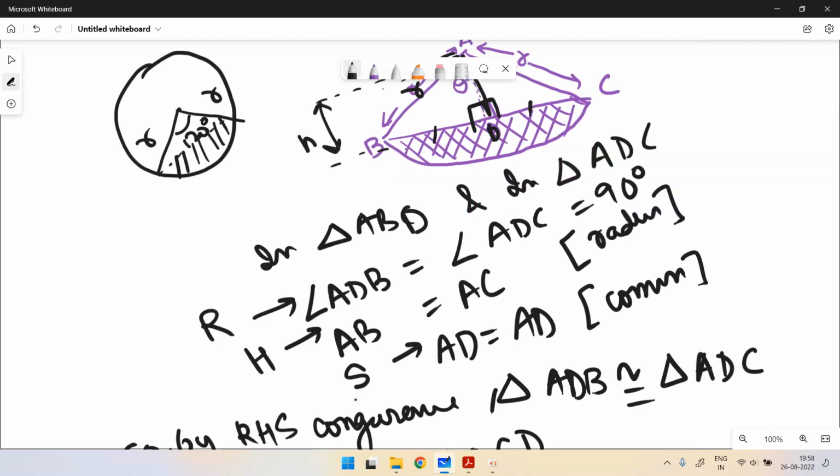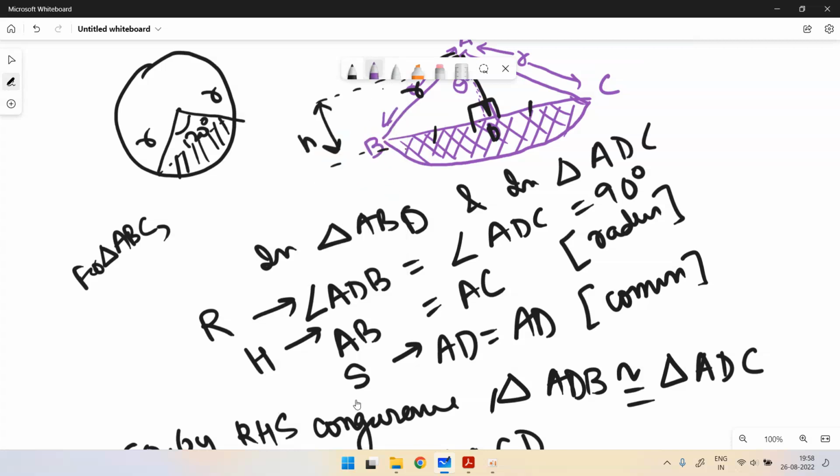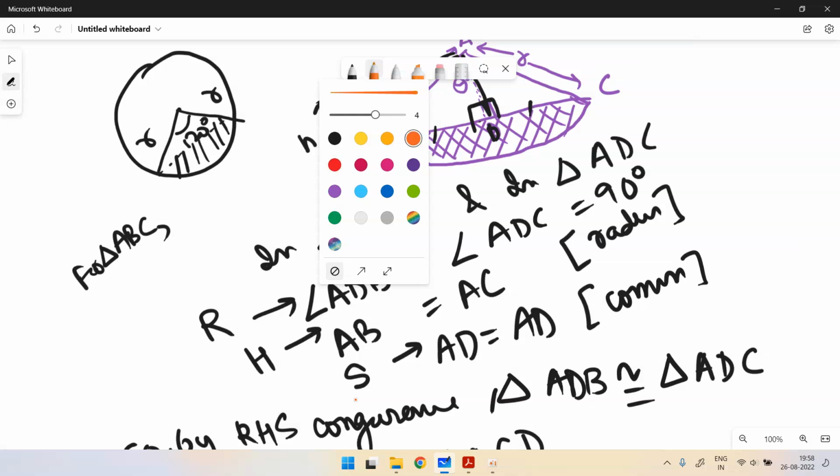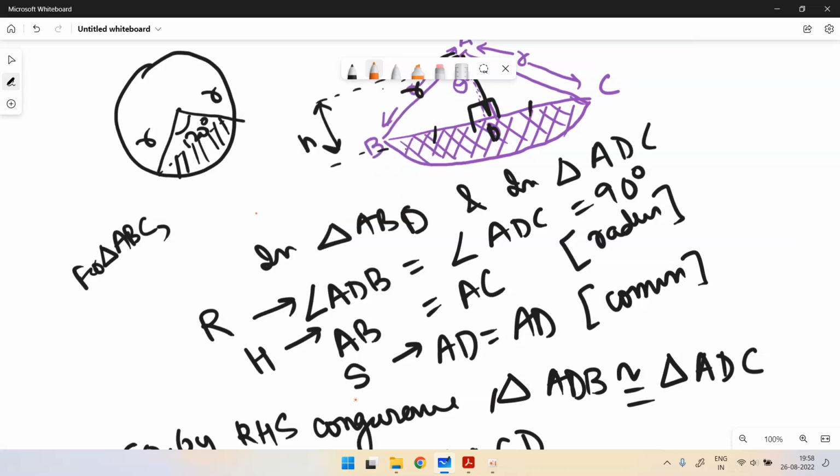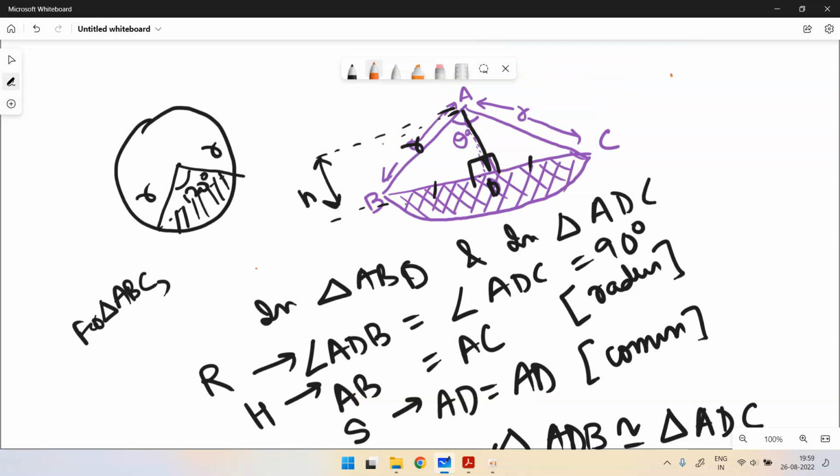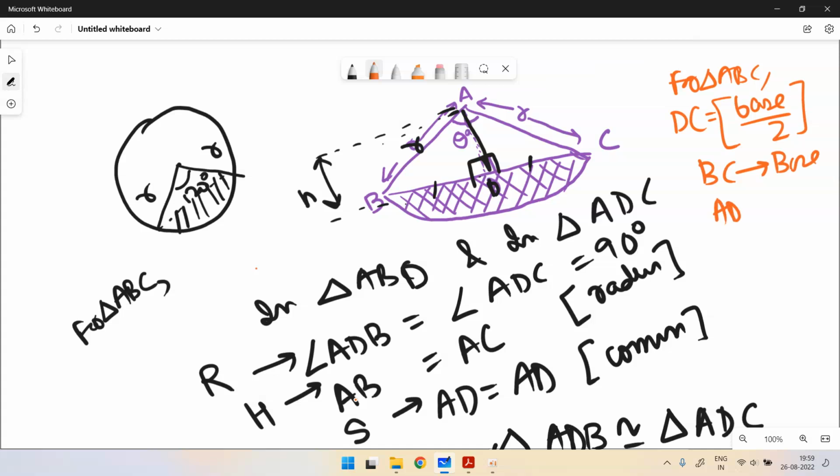See, now for triangle ABC, BC is the base and AD is the height of the triangle.